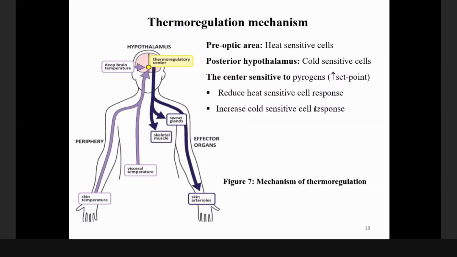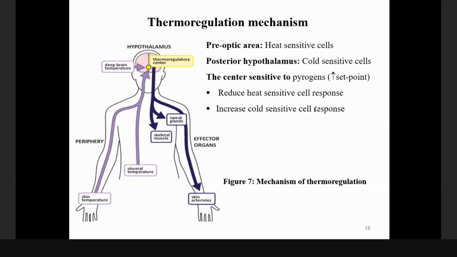Look at how your body regulates its temperature. The increase or reduction in your body temperature should be detected by detectors, which are called thermoreceptors. The thermoreceptors are found in your skin, for instance, or inside your body, like on the wall of your blood vessels, and so on.